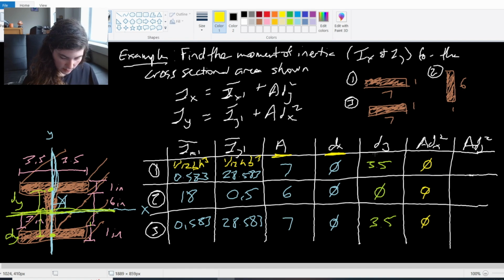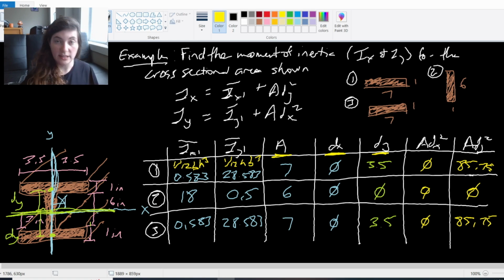Then I do my area times my dy squared. And now, other than for my shape 2, which is 0, I will have some numbers. So 7 times 3.5 squared is 85.75. Exact same top and bottom.